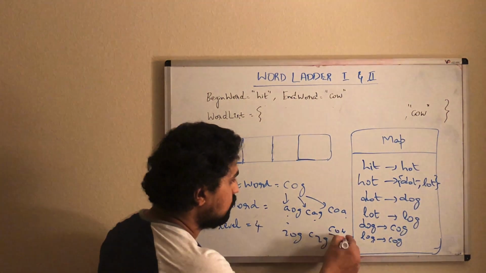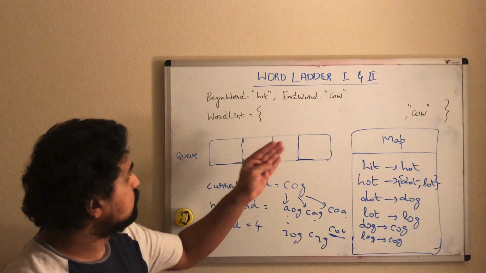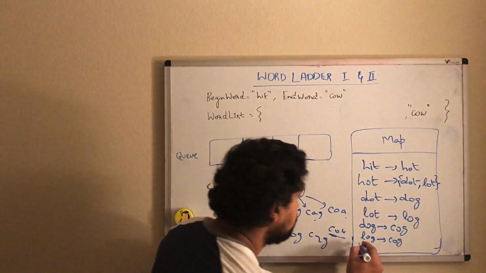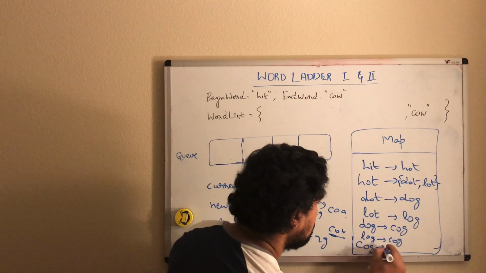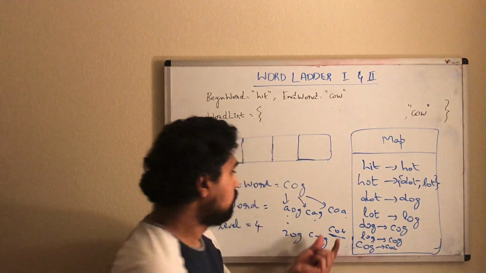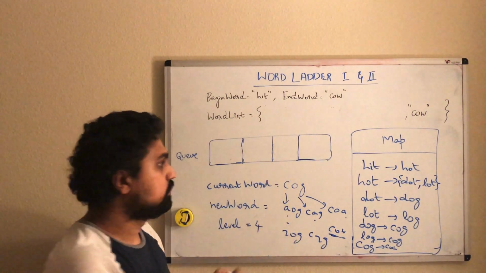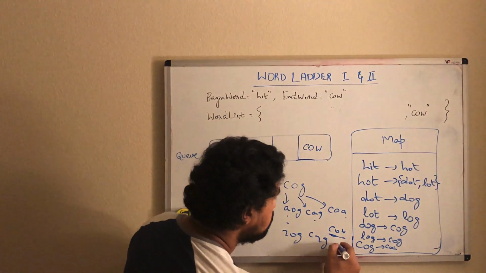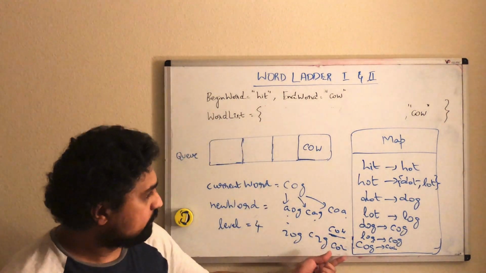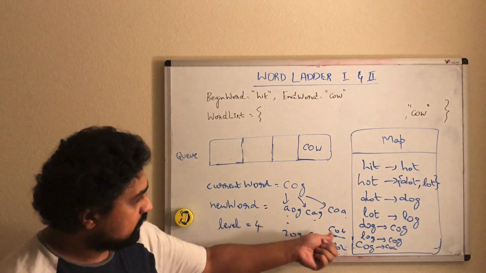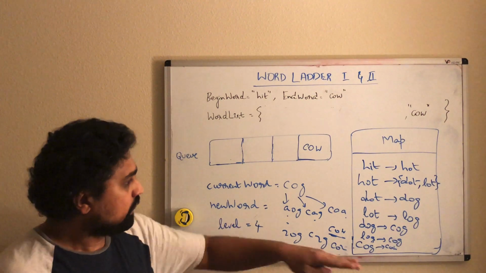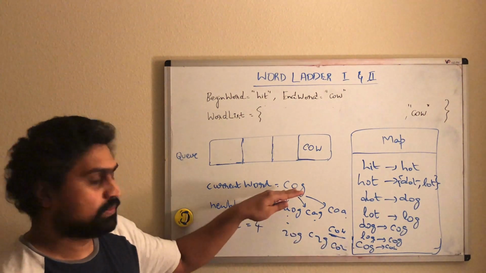Now this word cow belongs to this word list, so we shall add a mapping between cog and cow. We shall also add the word cow to the queue, and we can continue this processing until the word COG, and none of the other words belong to this word list. So okay, we are done processing with this word cog.